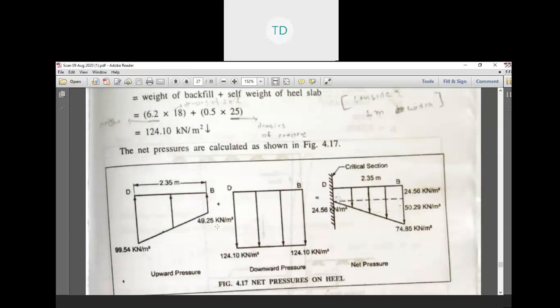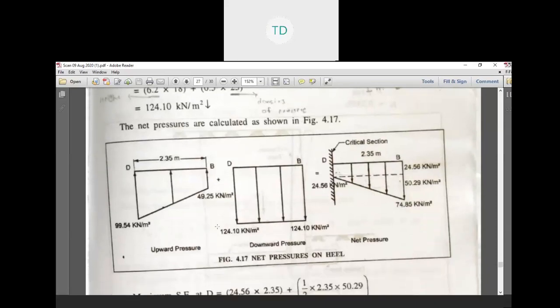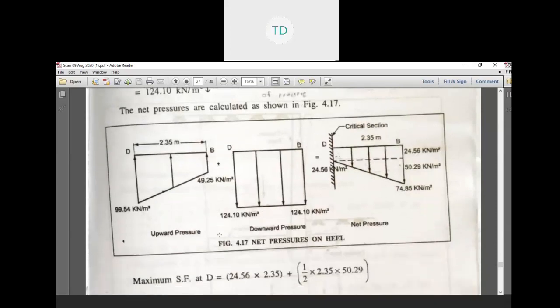The net pressures are calculated as shown in the figure: first upward pressure, downward pressure, and the net pressure. We have calculated upward pressure and downward pressure both. Upward pressure is 99.54 kilonewton per meter square and 49.25 kilonewton per meter square over the total length of the heel slab.